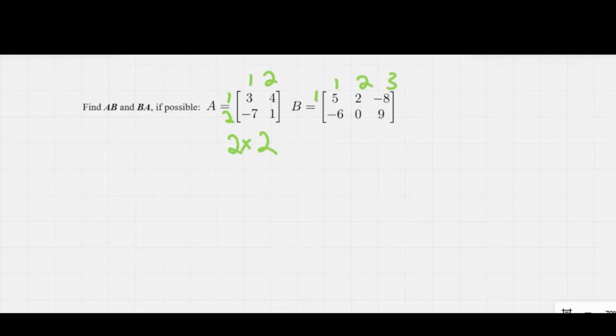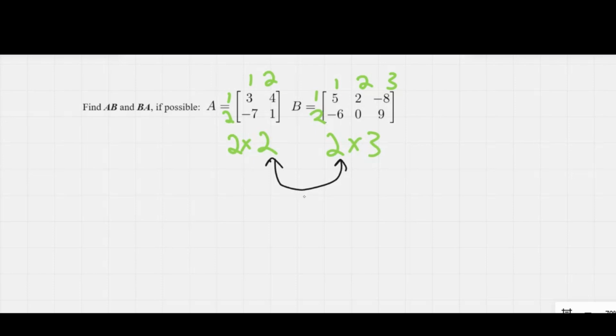We also have 2 rows and 3 columns in this matrix over here. So let's see what operations are possible. We have A times B, which is definitely possible because it is a 2 by 2 matrix, we have 2 columns and 2 rows, respectively in matrix A and B, and so that is possible. They're equivalent to each other.